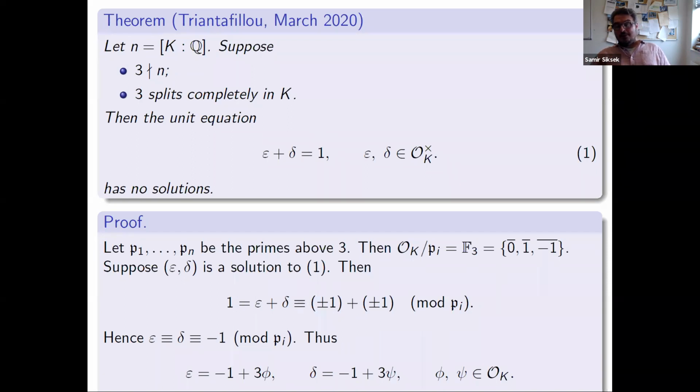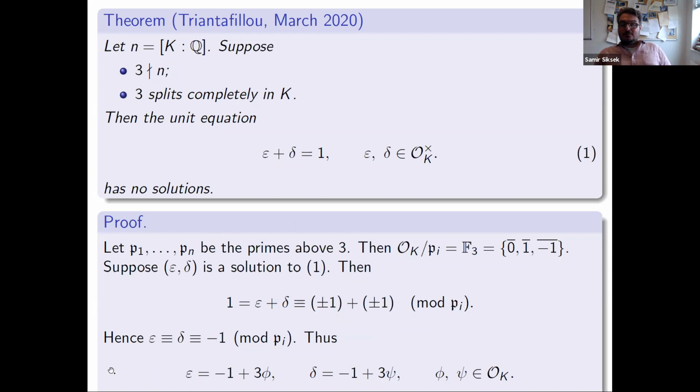And if they're both 1, then I'm going to get 1 is congruent to 2, and that's impossible modulo any prime. So they must be both -1, because I get 1 is congruent to -2, and that's okay in F3. So I get that epsilon and delta are both congruent to -1 for all of these primes above 3.